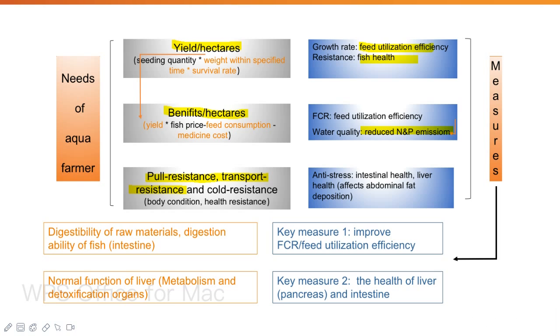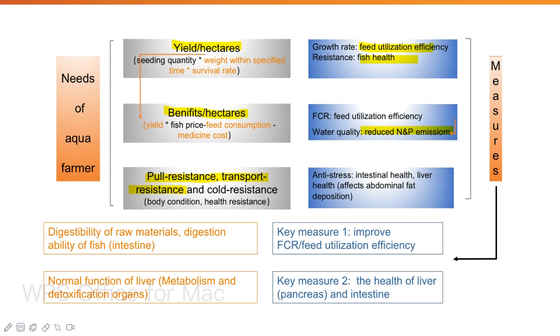The third is poor resistance and transport resistance. This is related to the anti-stress ability of aqua, and the anti-stress ability is closely related to the health of functional organs, especially liver and intestine.